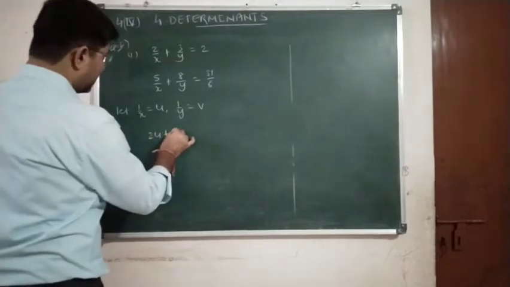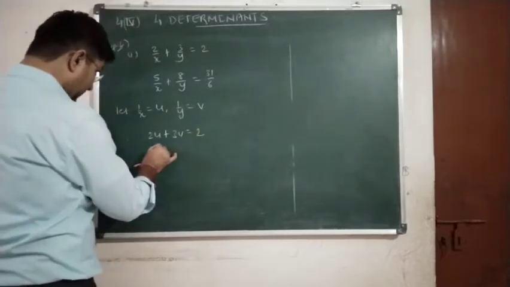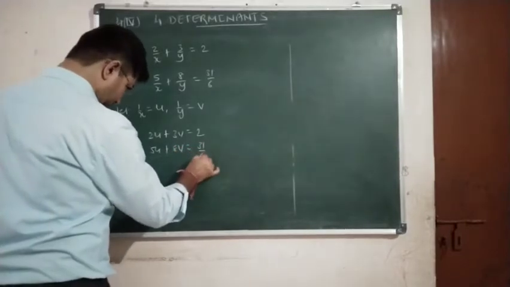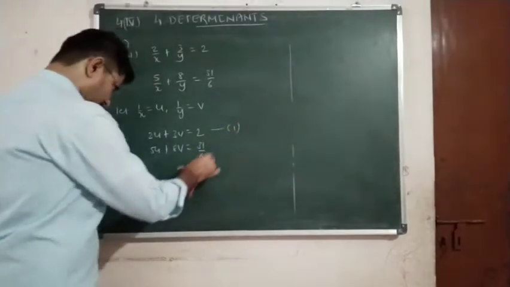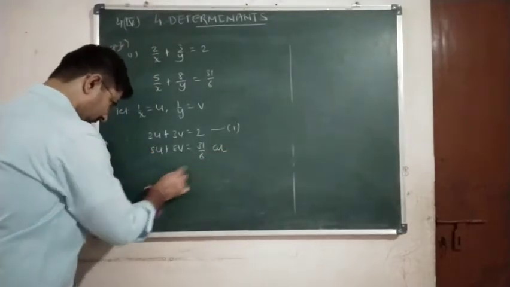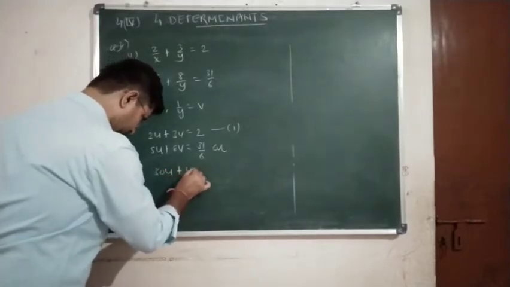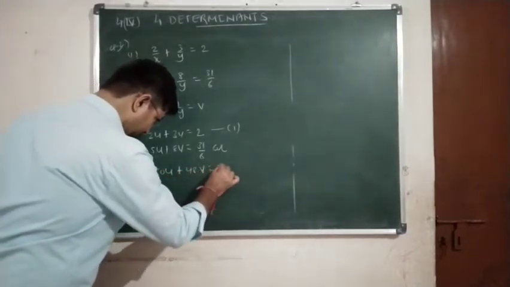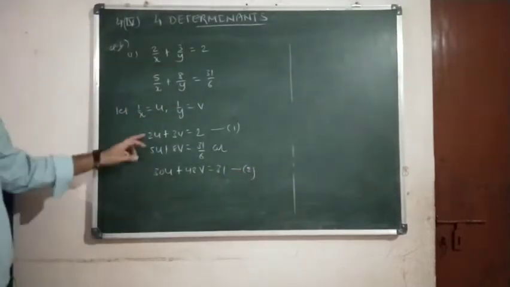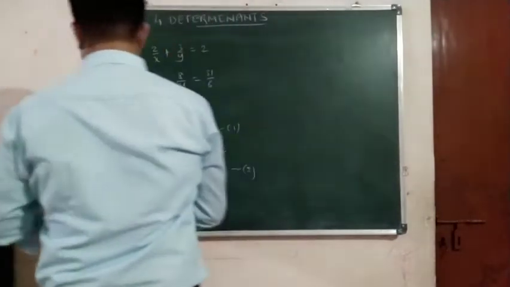Therefore 2u plus 3v is equal to 2 and 5u plus 8v is equal to 31 by 6, or let us multiply by 6 on both sides: 6 fives are 30u plus 48v is equal to 31. Now we will solve 1 and 2 with the help of determinants.